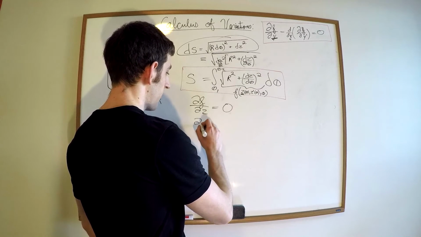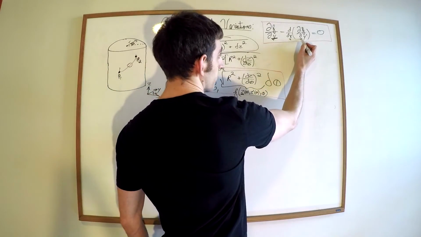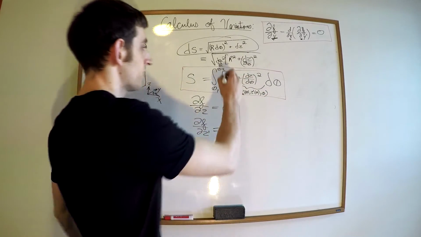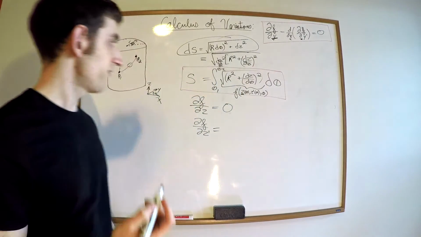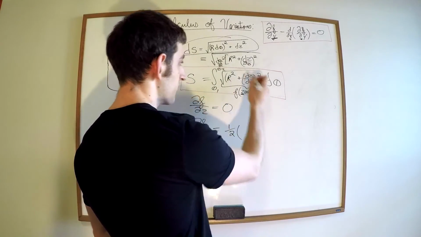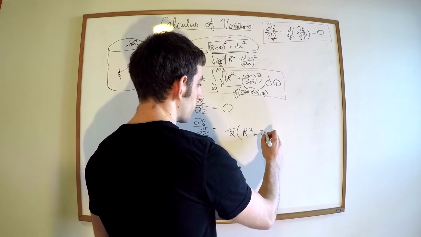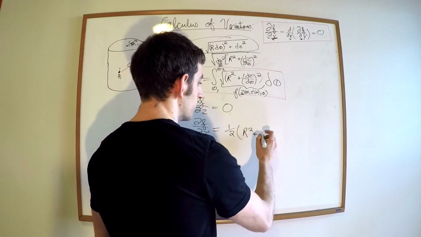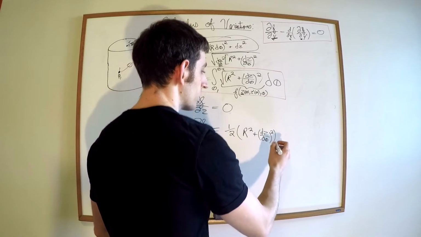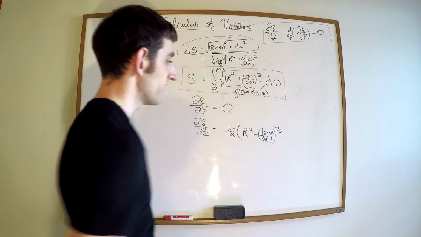Next, we're going to find df/dz prime. That's this guy. So this is a bit harder. We have basically this to the 1/2, so we can multiply that 1/2 in the front. So we get 1/2 times everything inside, which is r squared plus (dz/d theta) squared, to the negative 1/2, since 1/2 minus 1 gives us negative 1/2.